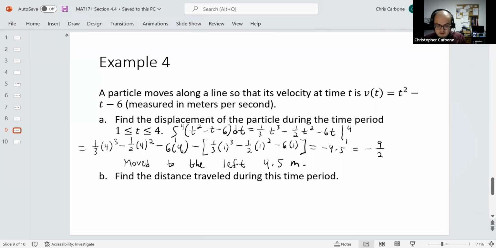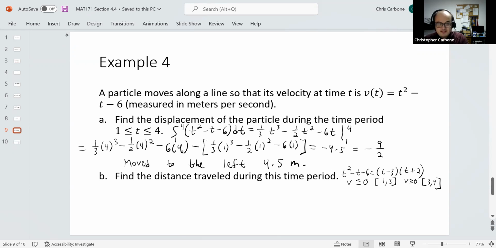We can observe that t squared minus t minus 6 factors to be t minus 3 times t plus 2. And we can see that this velocity is less than or equal to 0 over the closed interval from 1 to 3, and the velocity is greater than or equal to 0 in the closed interval from 3 to 4.